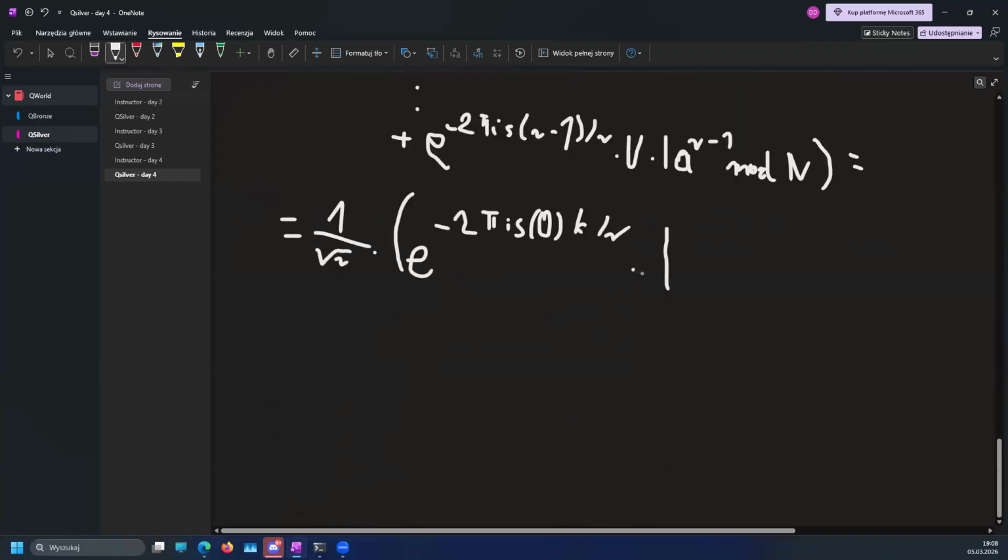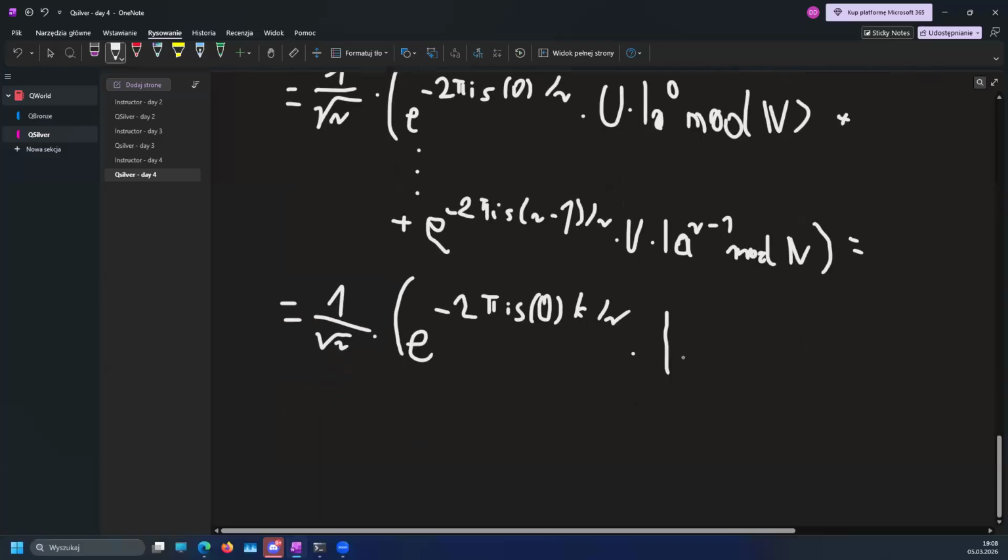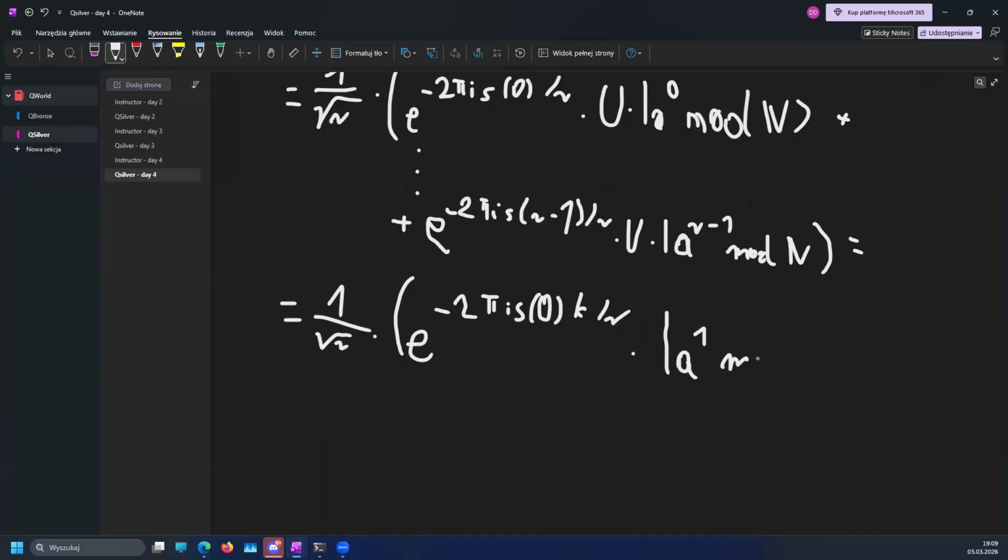And so here, for the first element, we will get a to the first power, because we had 0, so now we have 1, and the remainder.